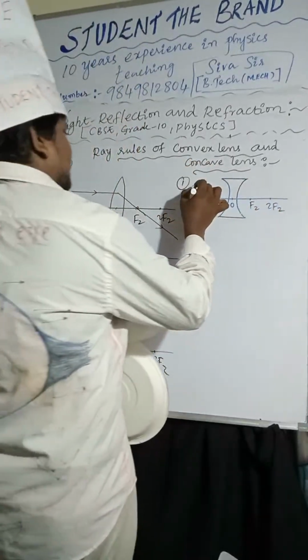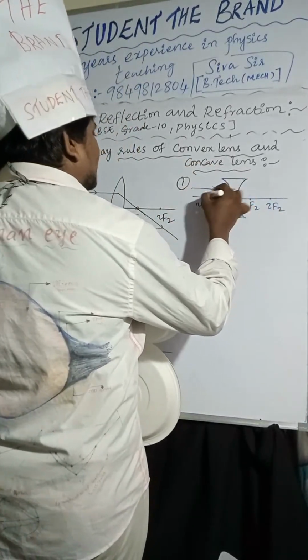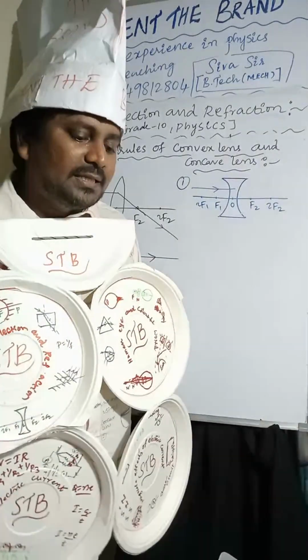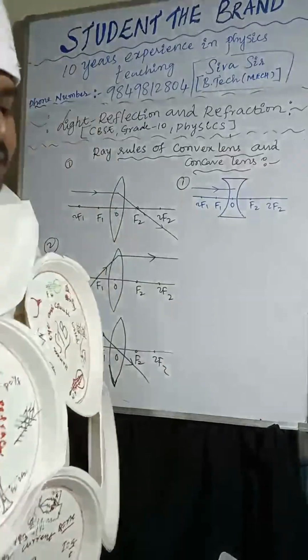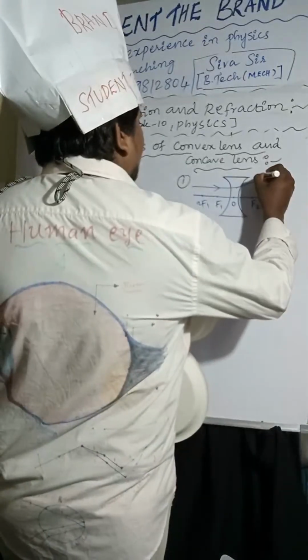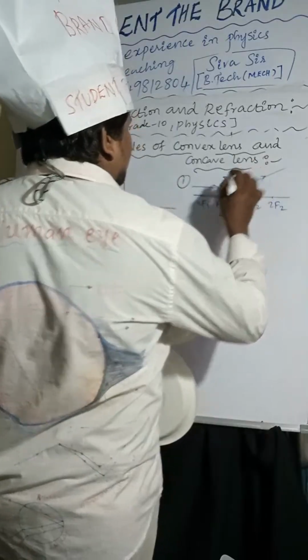One light ray I am taking parallel to the principal axis. After refraction it diverges. If you extend it, it passes through the F1.